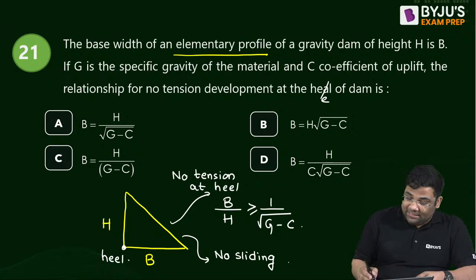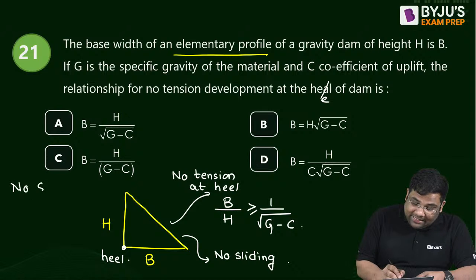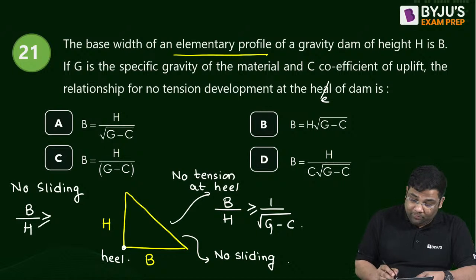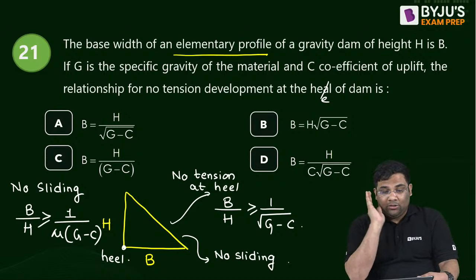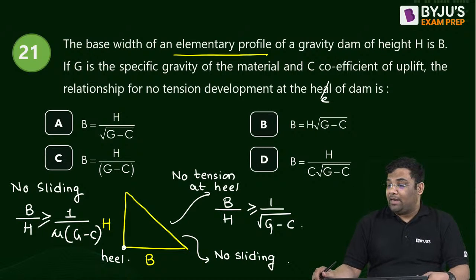And the no sliding condition is B by H should be greater than or equal to 1 by (mu times (G minus C)). These are the equations you should remember.